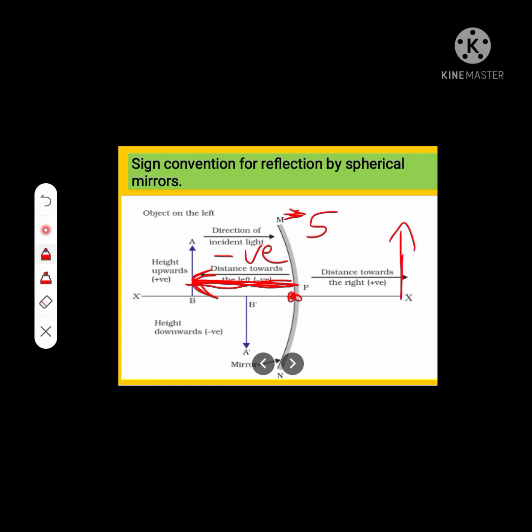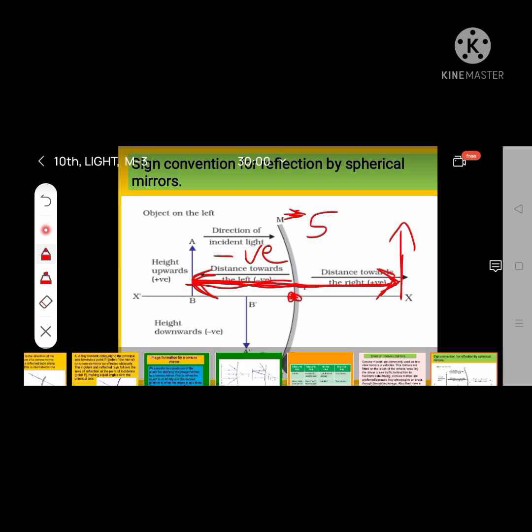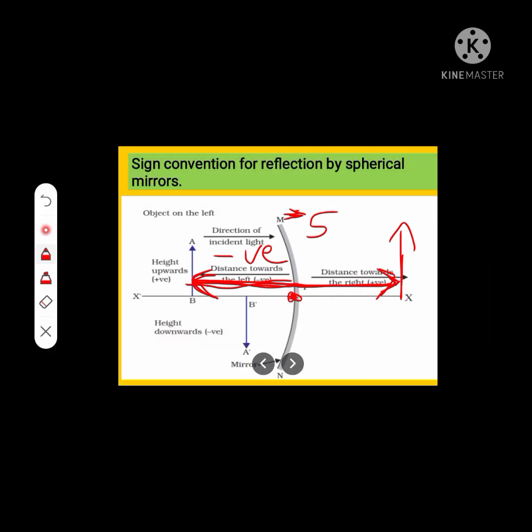So we are taking this distance from the pole to the right side, to this image. We are considering this value as positive because this measurement is taken from the pole to the right side of the mirror. So we can say that it is plus 5.